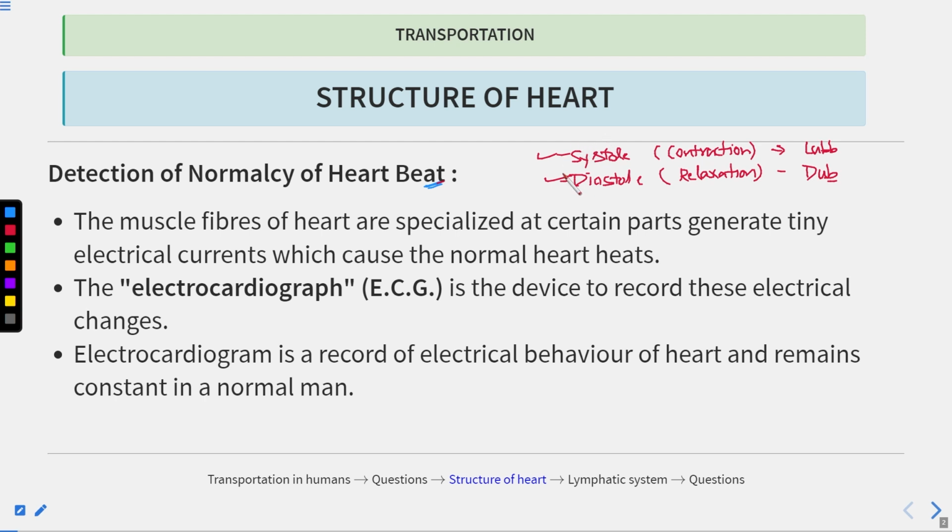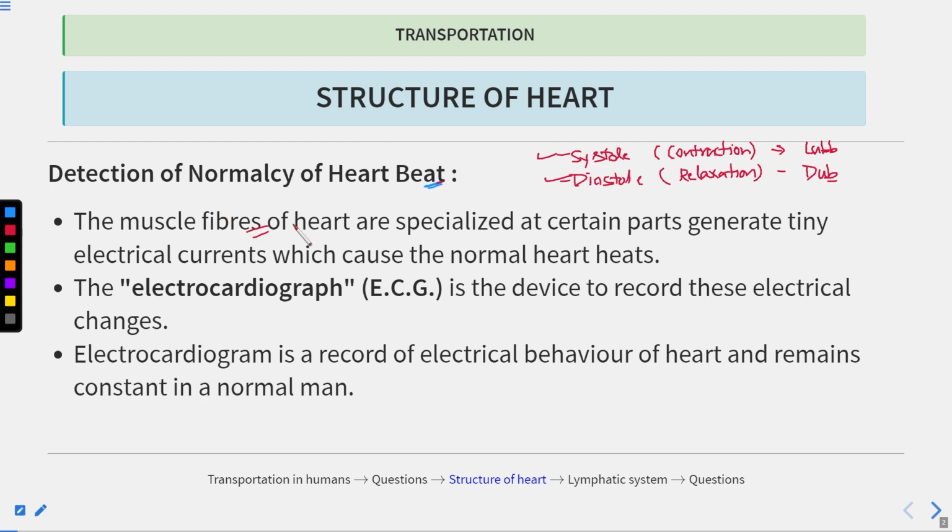The normal heartbeat of a person is 72. Sometimes there are changes in the heartbeat. It can be unusually high, known as tachycardia, or unusually low, known as bradycardia. There is an instrument to measure the heartbeat. So let's start with this topic, electrocardiogram.